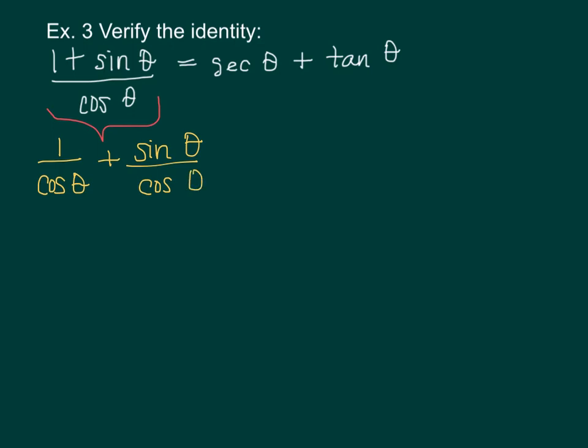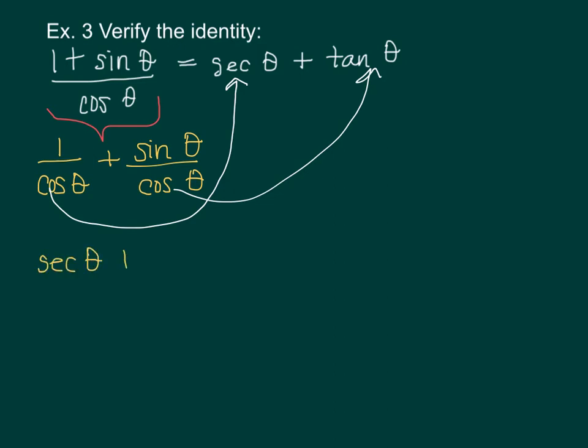And the reason why I did that is because if you notice, what we are trying to verify has 2 parts. So I'm going to see if I can break these down into those 2 parts. So 1 plus 1 over cosine is secant, and sine over cosine is tangent.